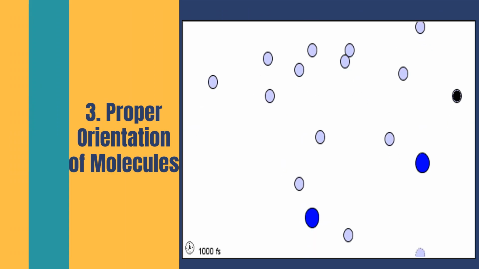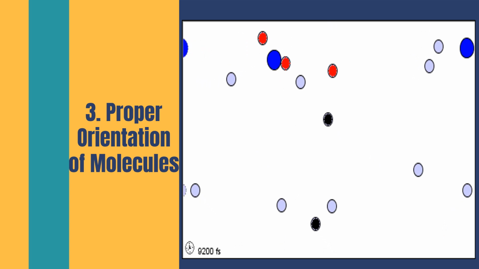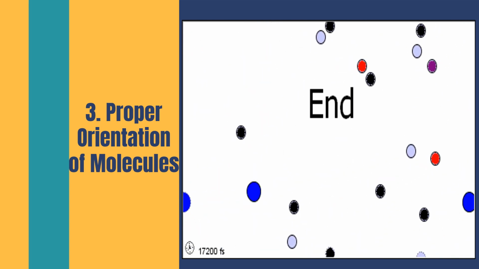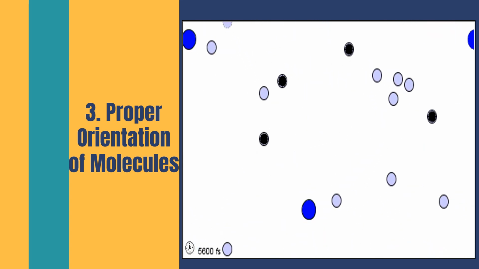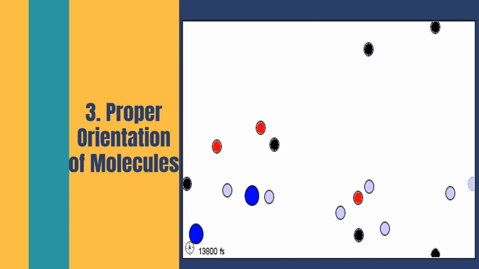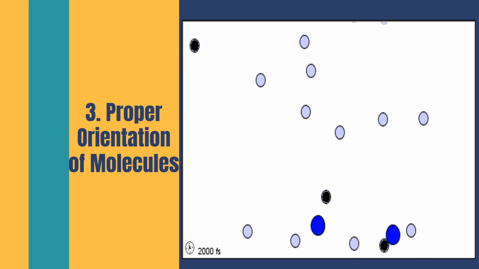The third one is the proper orientation of molecules. Take a look at this. What have you observed in the moving picture? The two molecules collide with sufficient activation energy, but there is no guarantee that the collision will be successful.